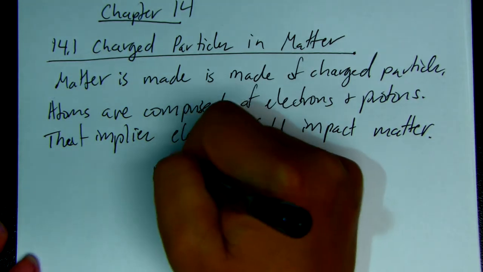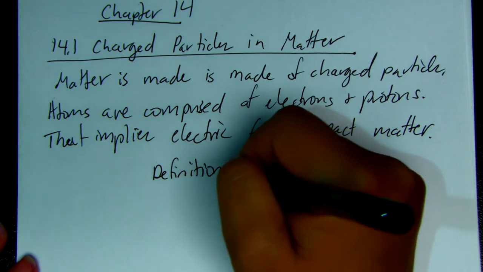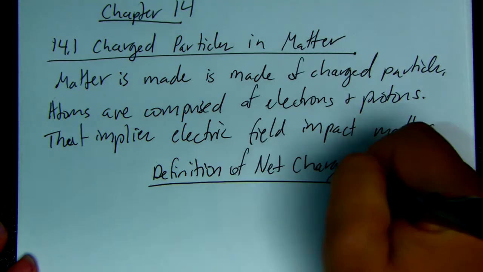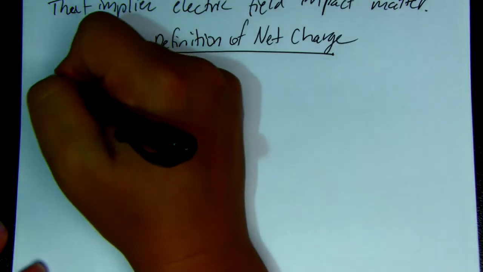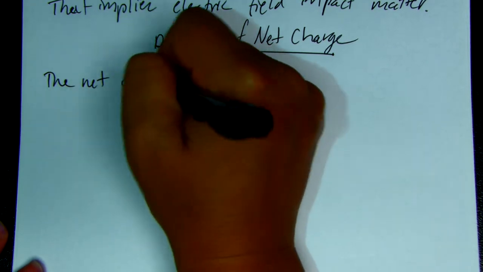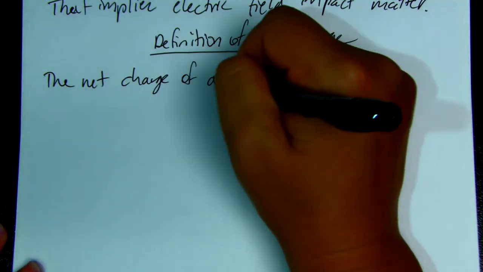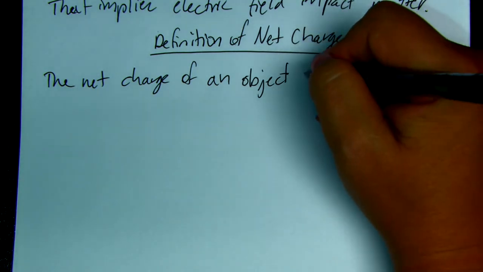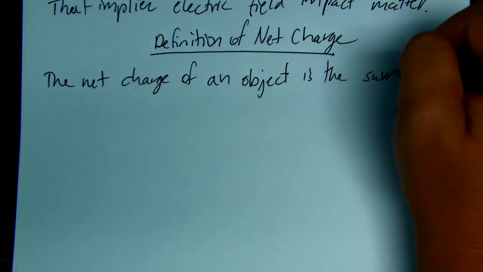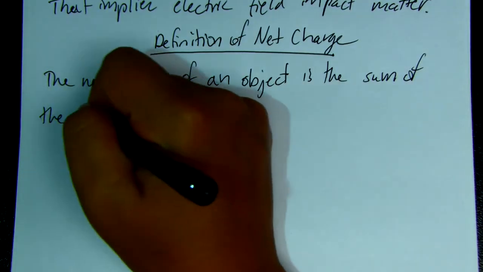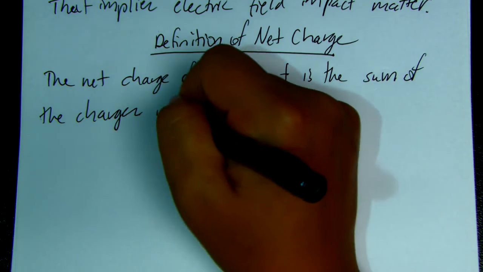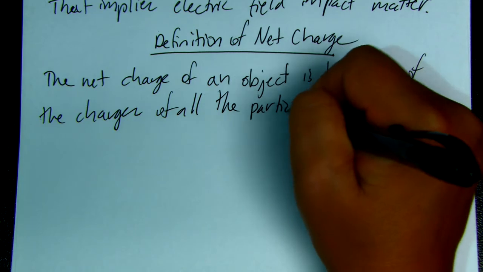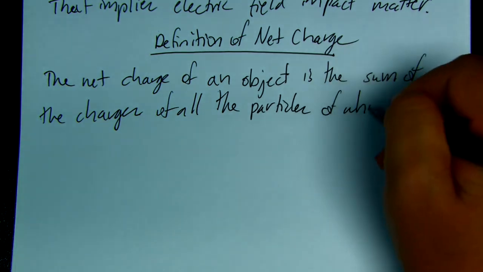So we now need to define net charge more explicitly. The net charge of an object is the sum of the charge of all the particles of which it is comprised.